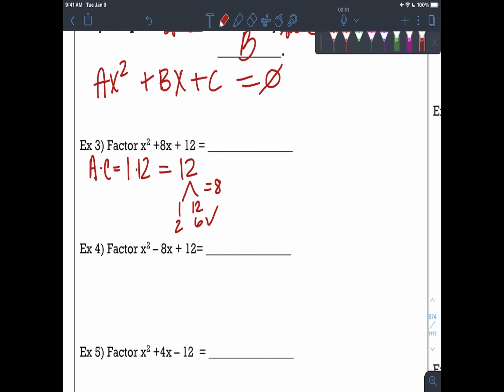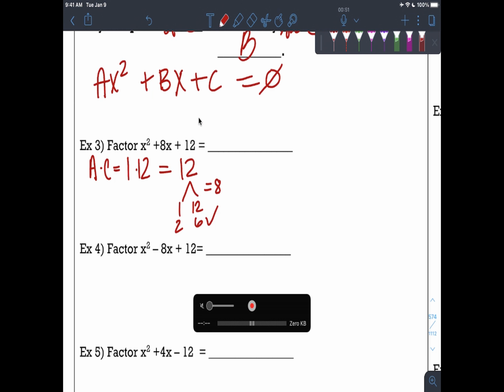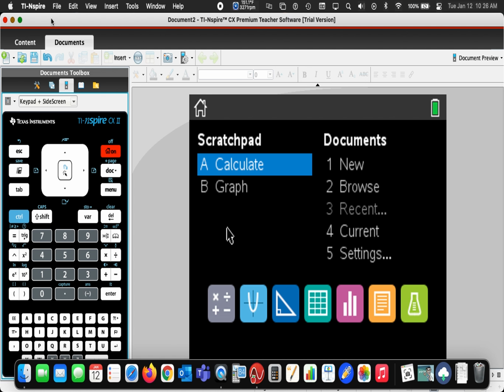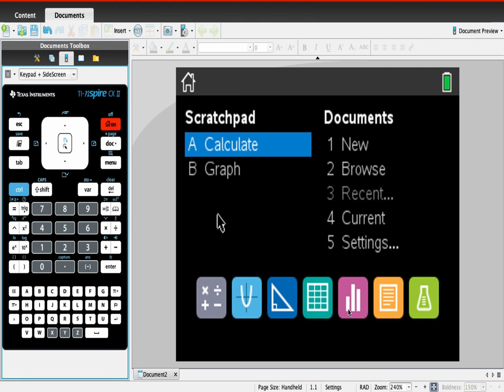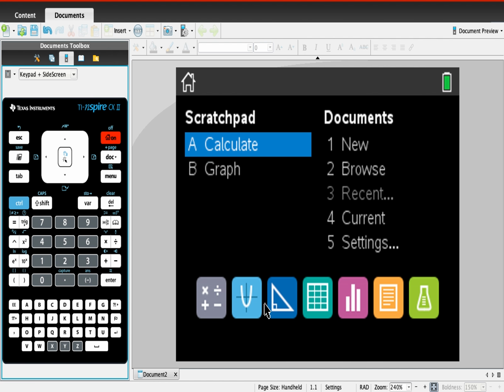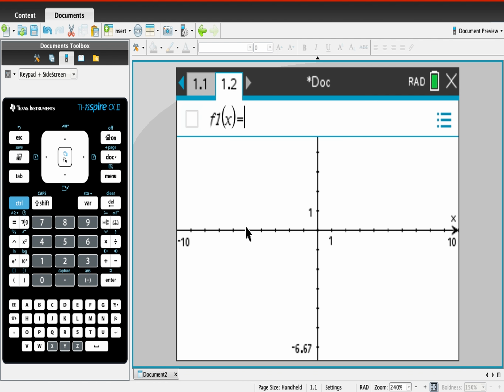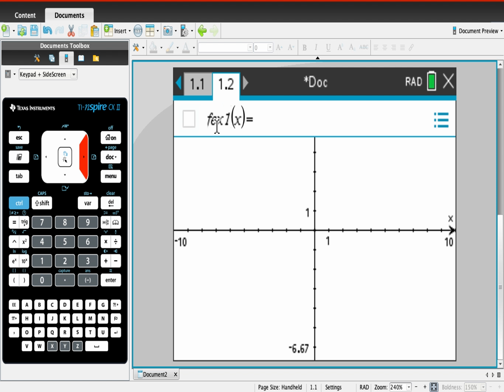2 and 6. Now, the other way to do this is for me to swing over to my calculator. I'm going to go ahead and go home, open up a new graph page. And for this particular one, I'll go ahead and call it that.